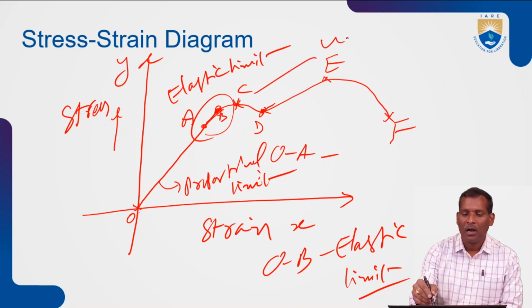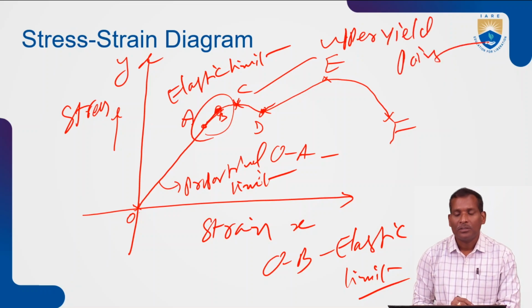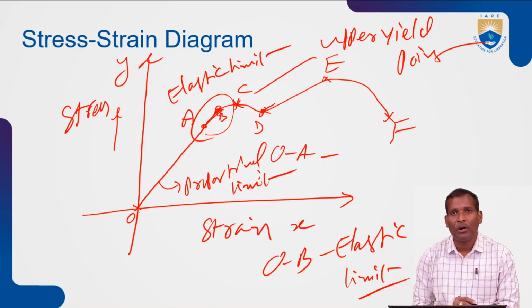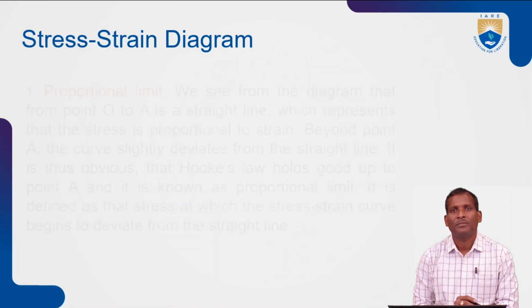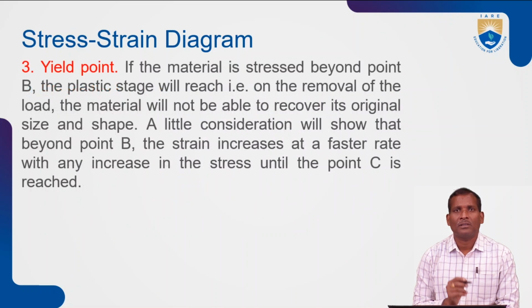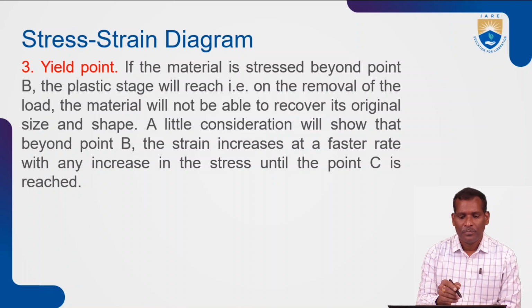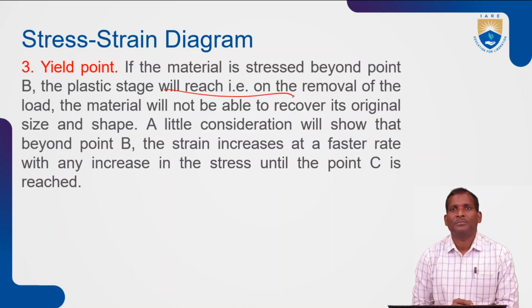Beyond this point, one more point is there, that is C. This is the upper yield point. Beyond this point, the material has started yielding. Beyond point B, the material is in the plastic state.